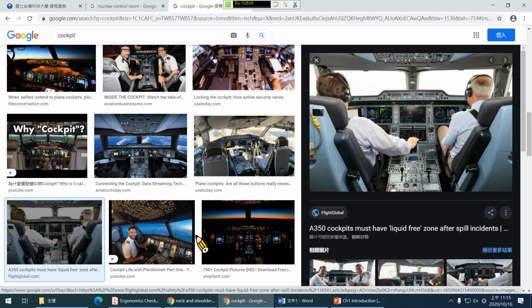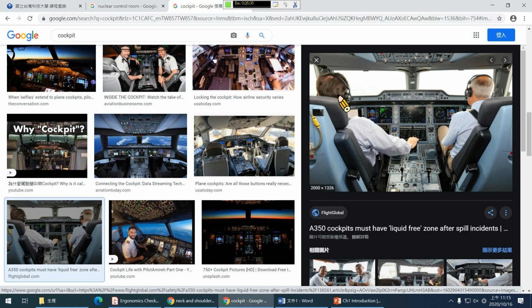Imagine this. Now there's a big problem in the cockpit. Two pilots here. We probably know this guy is white-haired, gray hair, so he is older. The second one is younger, so this may be the pilot and this second one may be the co-pilot.